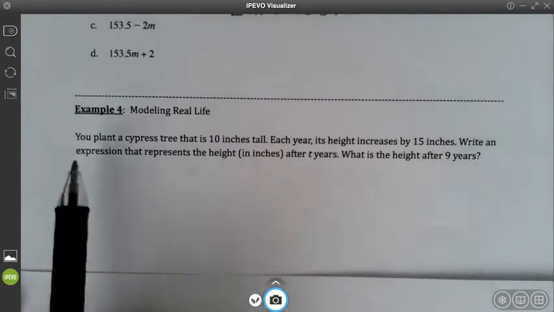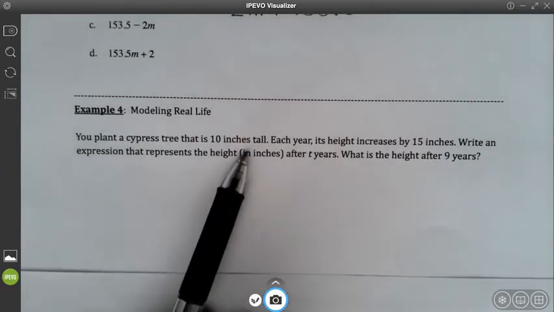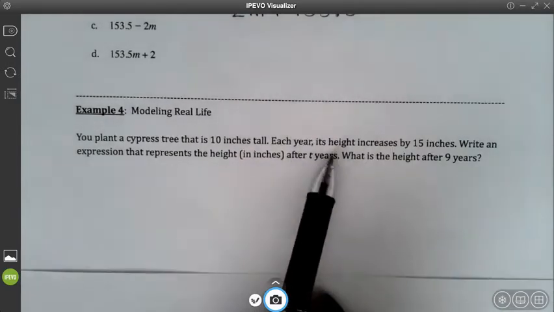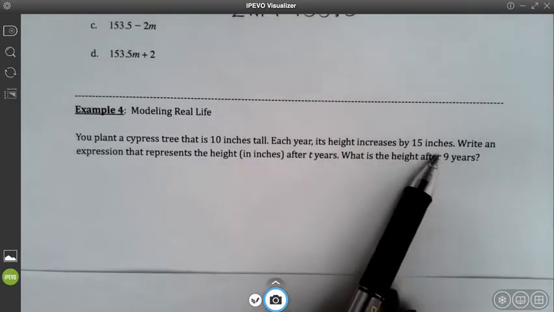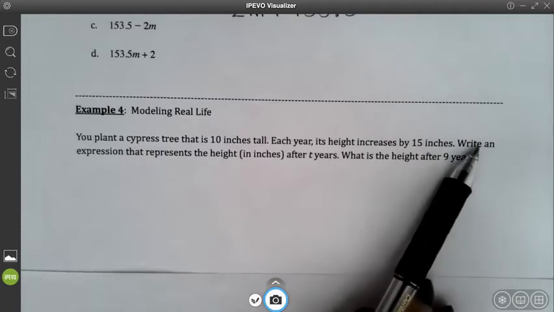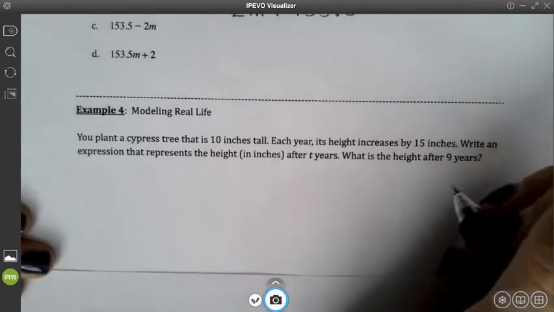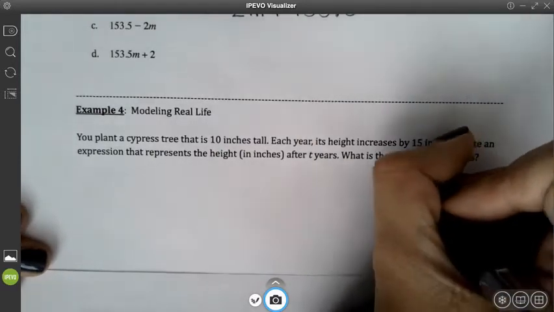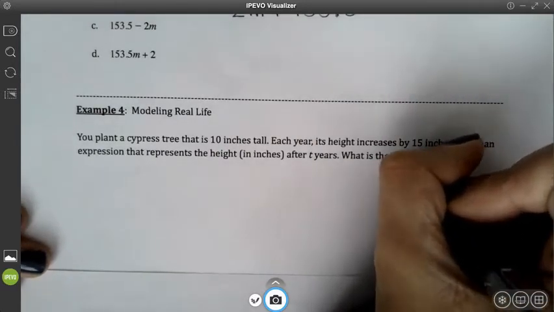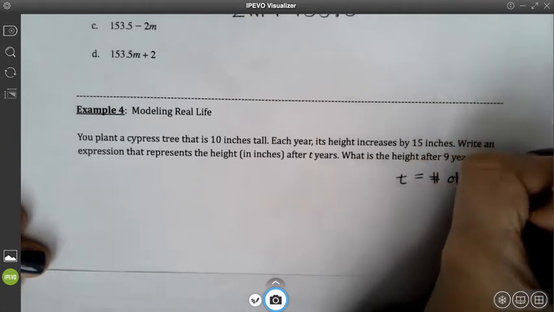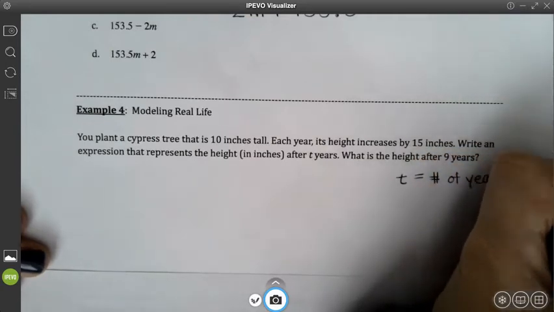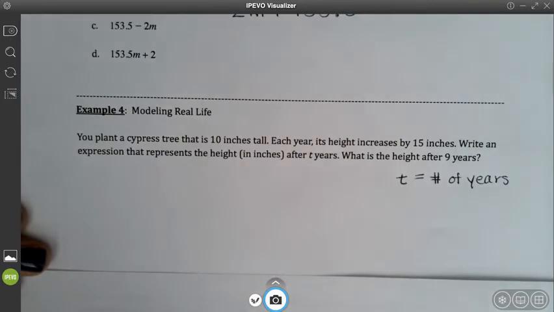Example 4. You plant a cypress tree that is 10 inches tall. Each year, its height increases by 15 inches. Write an expression that represents the height in inches after T years. What is the height after 9 years? So I'm going to just put a note on the side that T is the number of years. And then I'm going to build my expression around that.